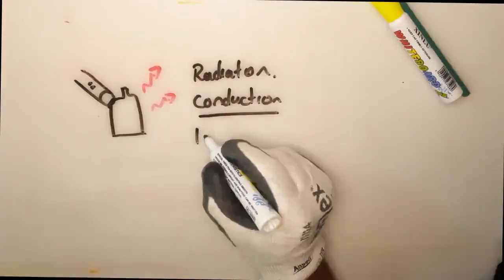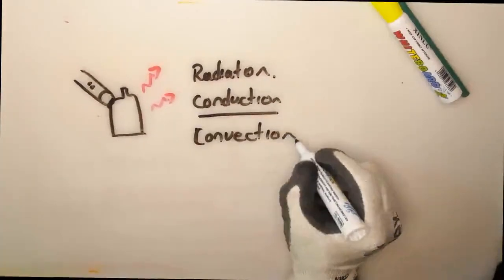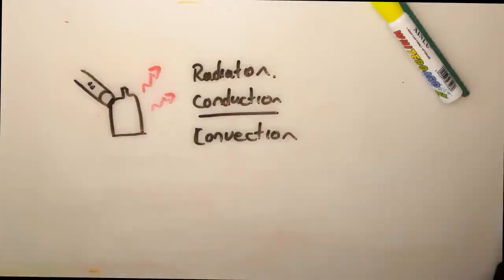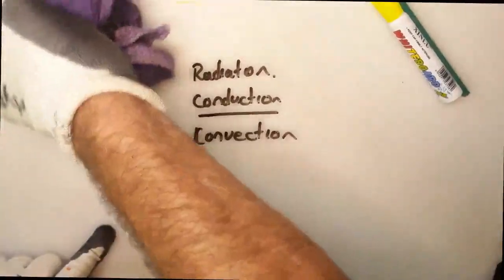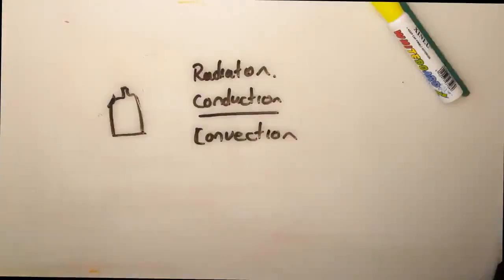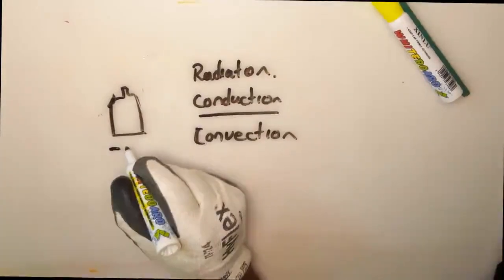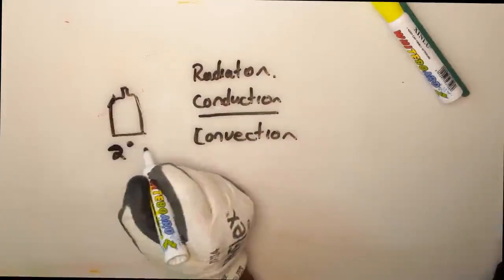And if we take convection, here's a silly little example, but let's assume my cool drink is really cold right now. Let's pretend my bottle of cool drink is sitting at, let's give it a decent 2 degrees Celsius.